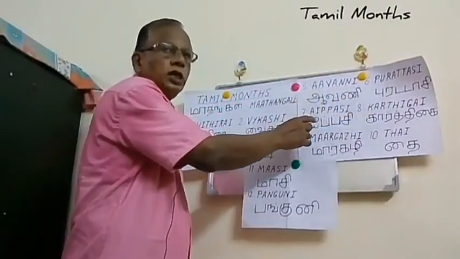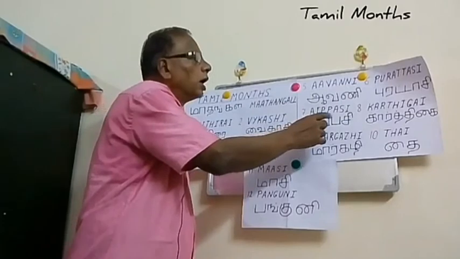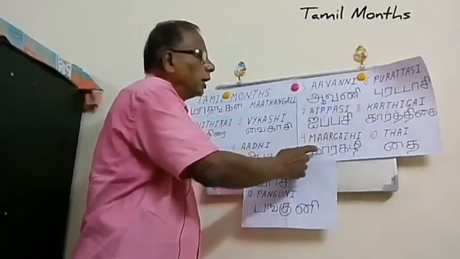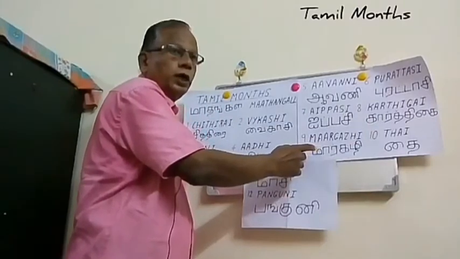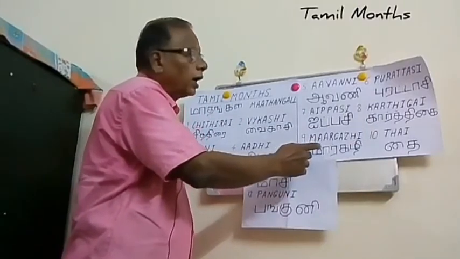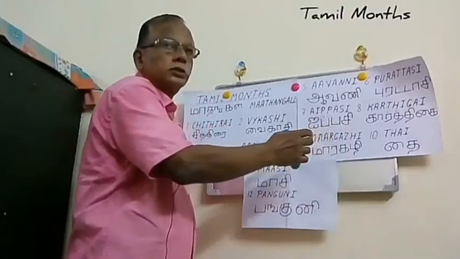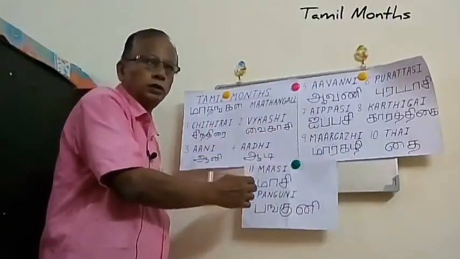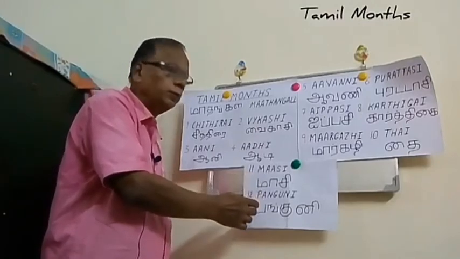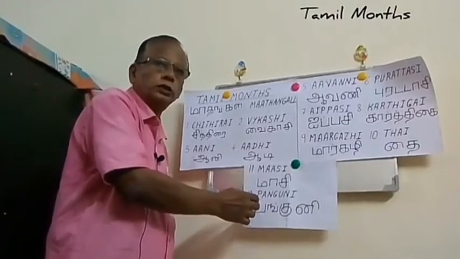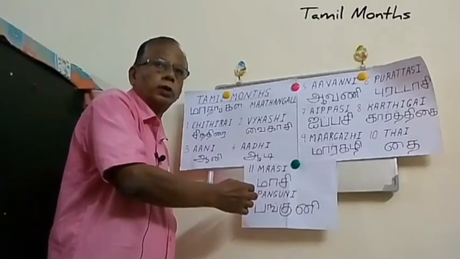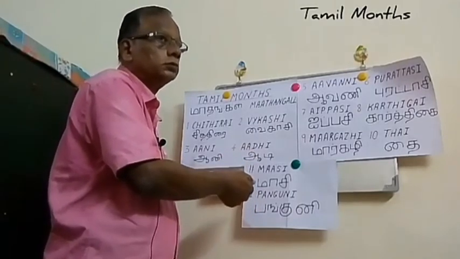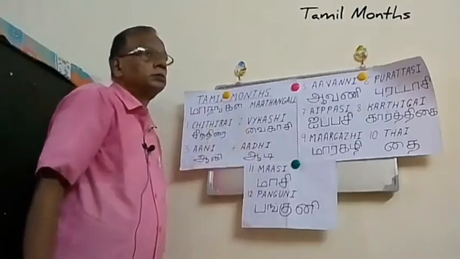Aipasi is Ashwin Mahina. Kartigai is Kartik. Margari is Margasisht. Thai is Paush Mahina. Then comes Mashi, Magh, and Panguni is Phalguni, when people remember Holi.